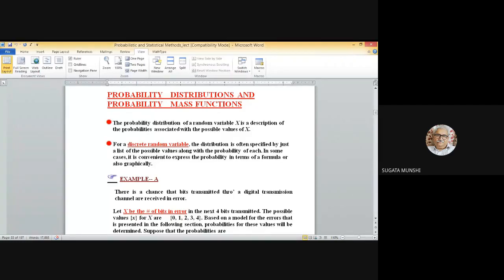Let's start with the discrete random variable. A random variable that can take on only discrete values, not a continuum of values, is called a discrete random variable. If you give the probability associated with every discrete value in tabular form, in the left hand column you have the different values that the random variable can take on, and in the right hand column you give the corresponding probabilities of the random variable assuming that particular value.